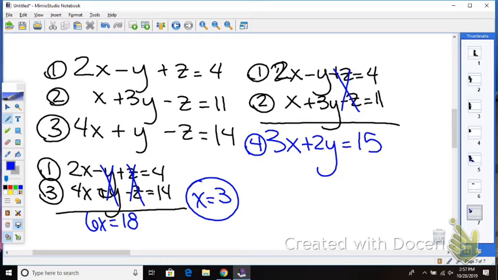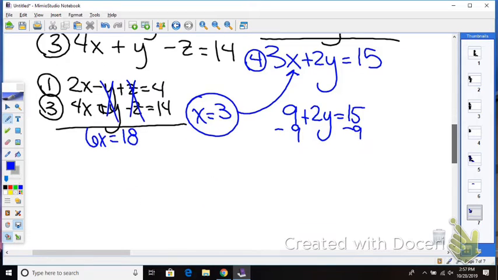I didn't end up with an equation 5. Now I can start backfilling to solve for the other variables. So I can take x equals 3, plug it into this x right here, and what will I solve for? Y. So I'm going to plug that in, and I have 9 plus 2y equals 15. Subtract 9, subtract 9.